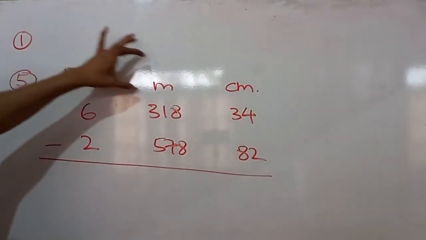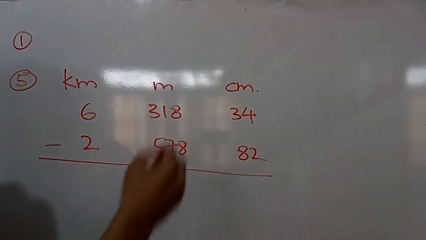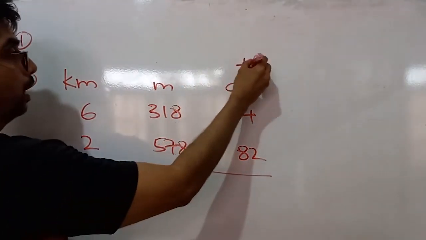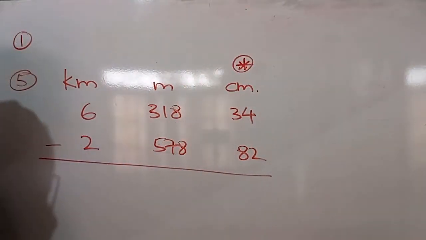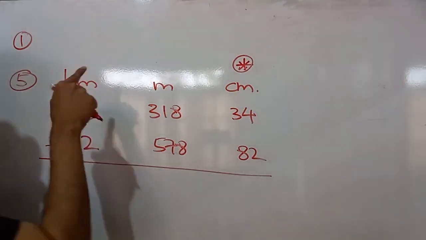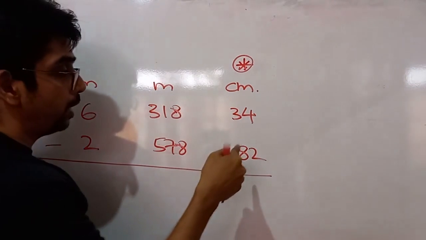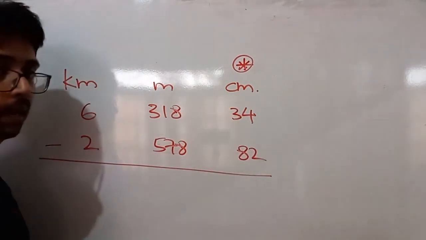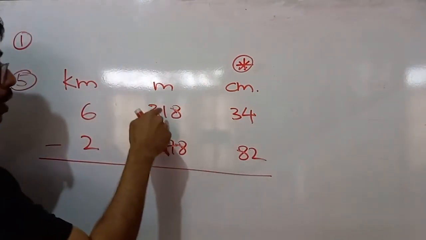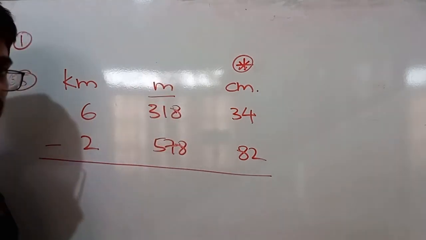So kilometers, meters and centimeters. Just as before, we have to start from here. Centimeters is the smallest unit when we compare kilometers, meters and centimeters. So we cannot subtract 82 from 34. So we have to borrow a 1 from the meter section.